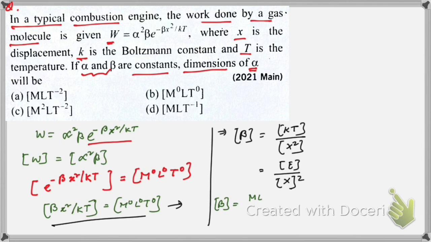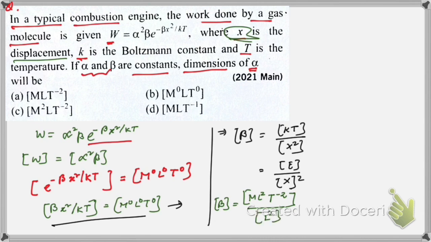Force is MLT to the power minus 2 into again L, so here it must be L square, right? So the dimensional formula of energy is M L square T to the power minus 2, right? Then the dimensional formula of x, in this case x is the displacement, so it must be length L square, right?